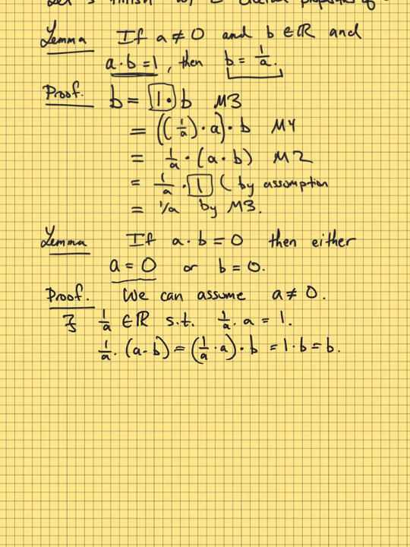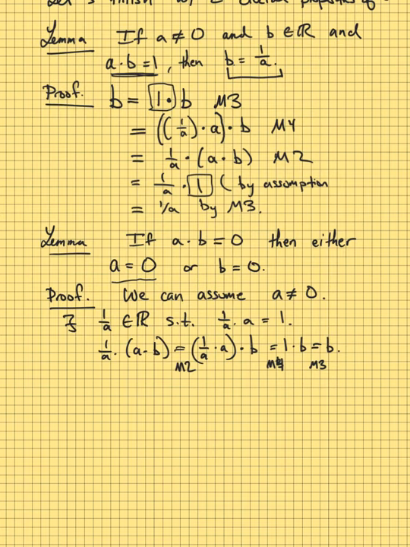Oh, sorry, which is b. Okay? So this was associativity. This was identity. And this was inverse. And this was identity. Okay?